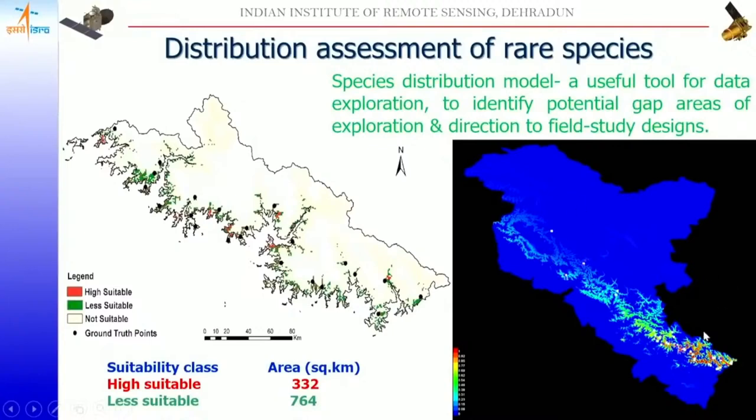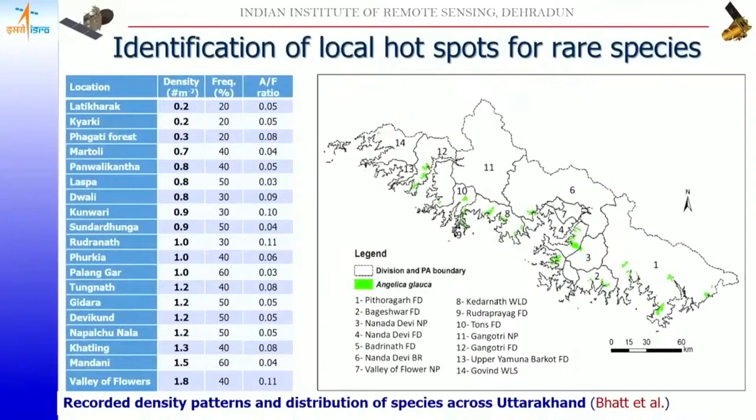So our sampling focus will be more on the highly suitable area, because there will be more chances of occurrence of such rare species in a landscape.